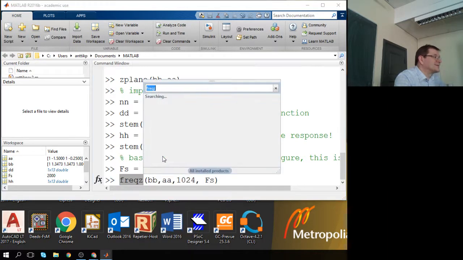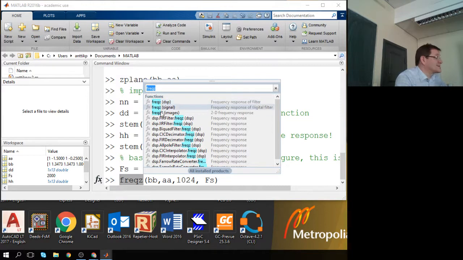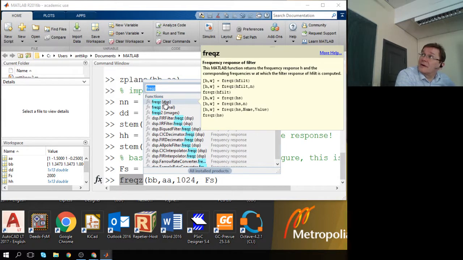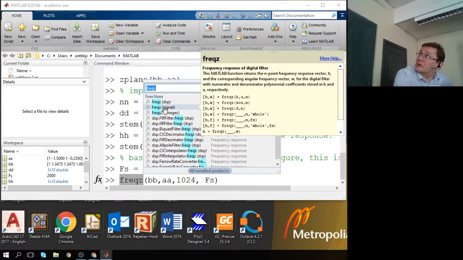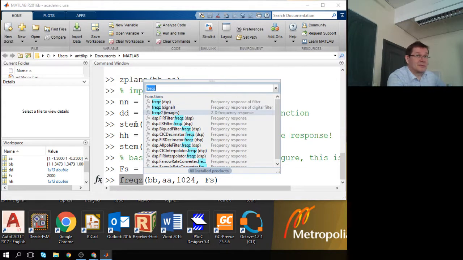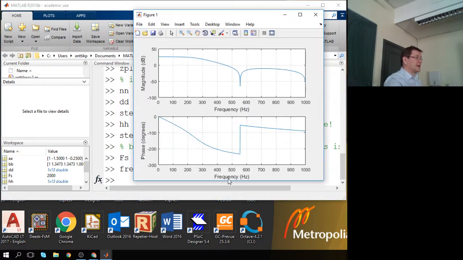Function browser. Yeah, function browser. There are 2 different freqz functions. One is in the digital signal processing toolbox, and another one is in the signal processing toolbox. And I'm using the signal processing toolbox type. Okay, but anyways, there you go.